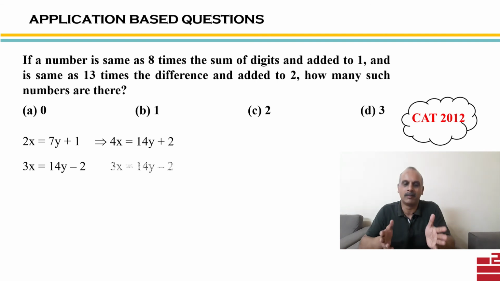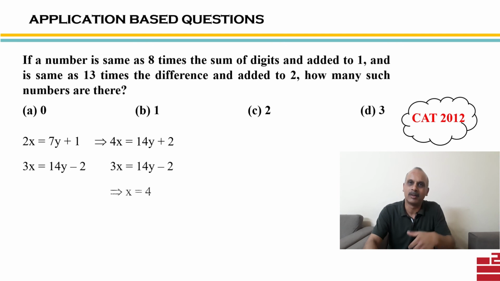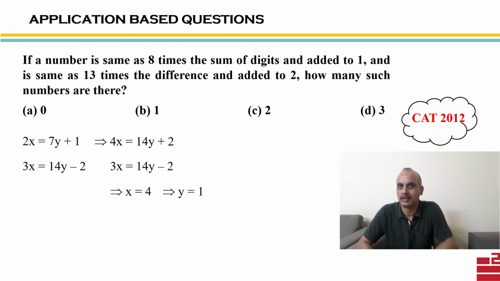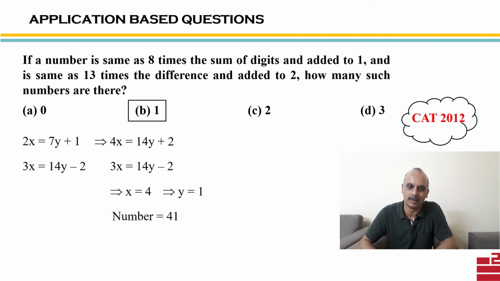So 4x becomes 14y plus 2. Our second equation remains as it is, and now subtract. So we get x is equal to 4, and once I get x is equal to 4, y becomes 1. And so we have a unique answer. And so number of such numbers will be only one, that is B option.